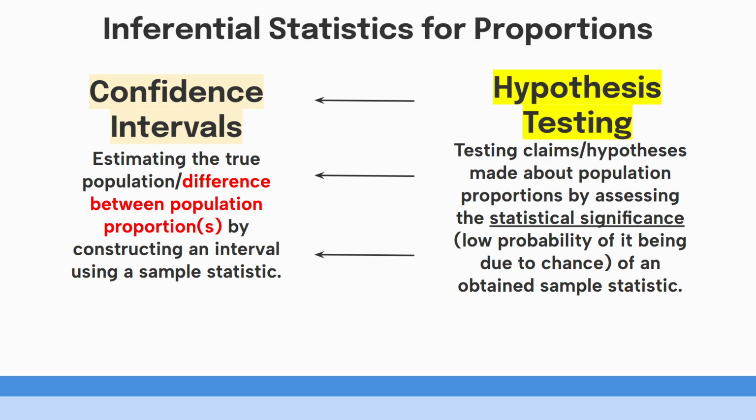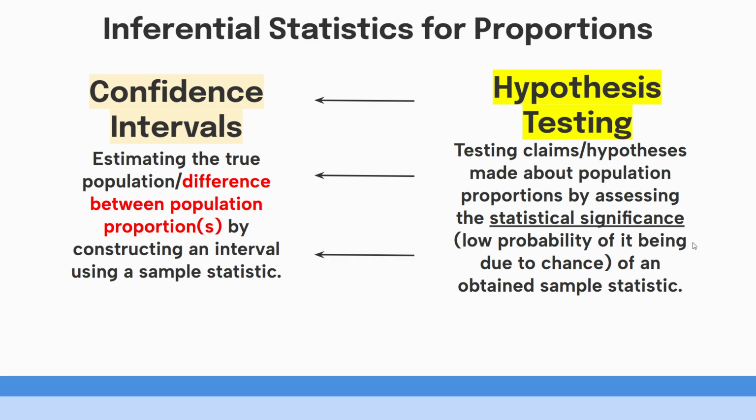Now you're either estimating the true population proportion, which is a one proportion situation, or the difference between 2 population proportions. So you sample 2 population proportions and then you determine the difference between them.